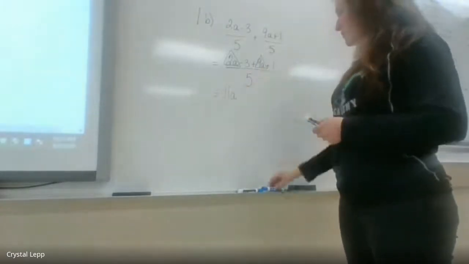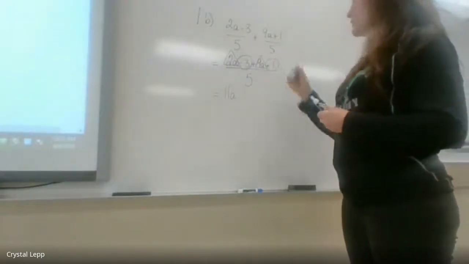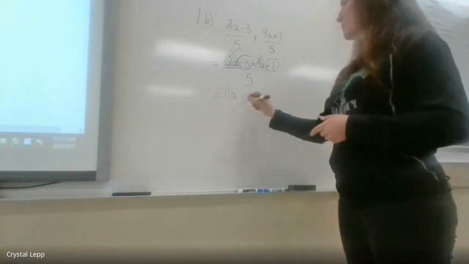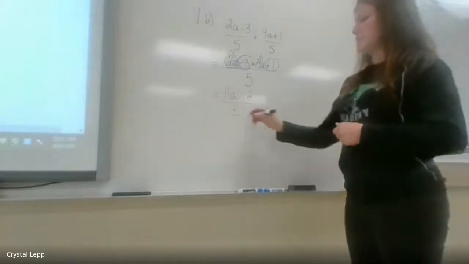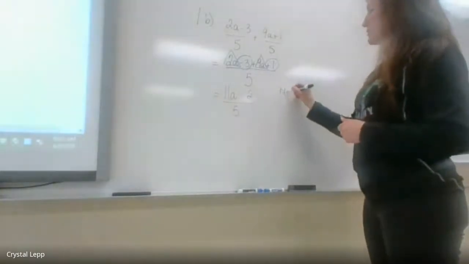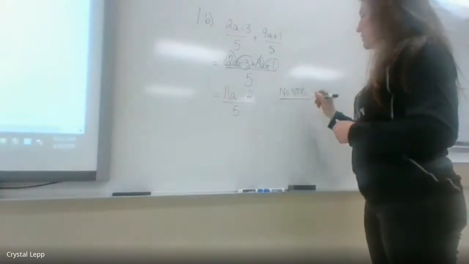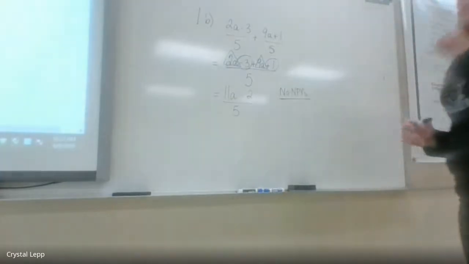And then we have negative 3 plus 1, which is minus 2 over 5. And then once again, our denominator doesn't actually have a variable or a letter in it, so we have no NPVs. Because we only get non-permissible values or restrictions if we have a variable in the denominator. So that's 1b.